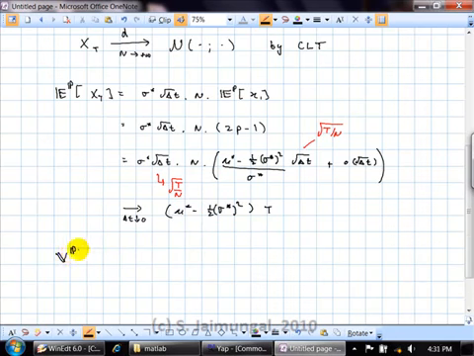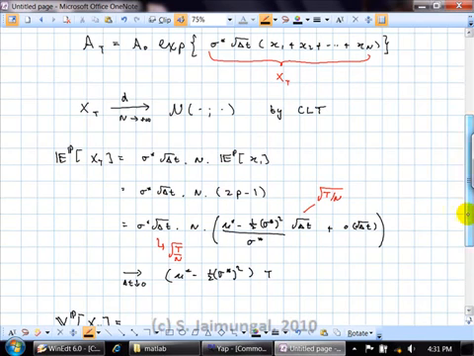And the variance of this random variable, well, again, we've got a sum of, I'm just scrolling up to show you what x is again. It's a sum of independent things that are identically distributed, and we've got a sigma star square root delta t there.